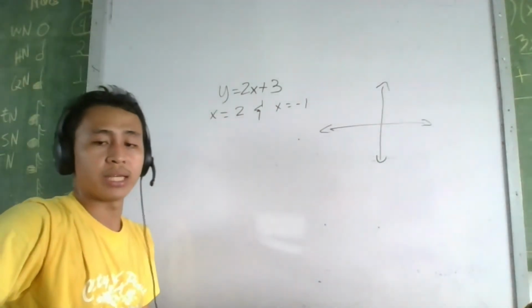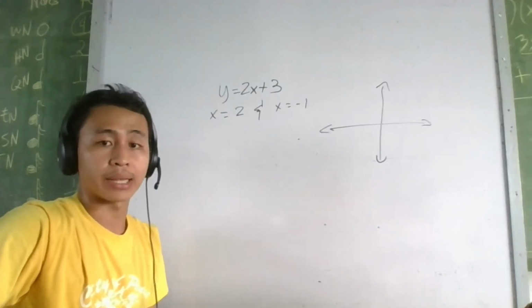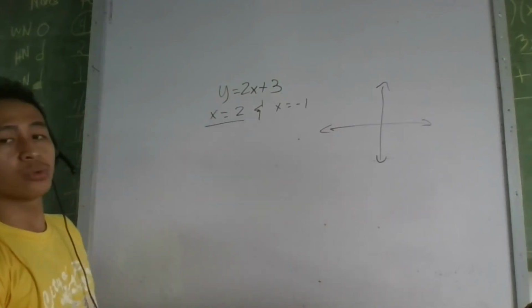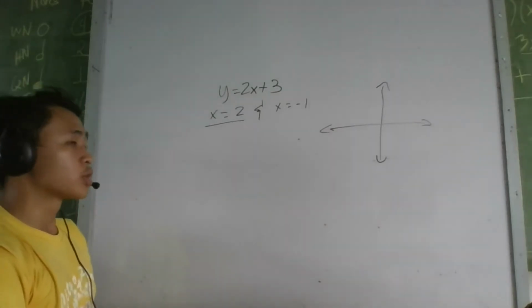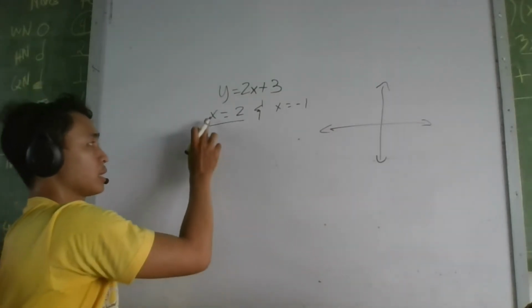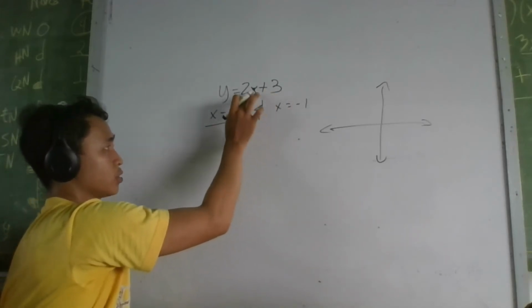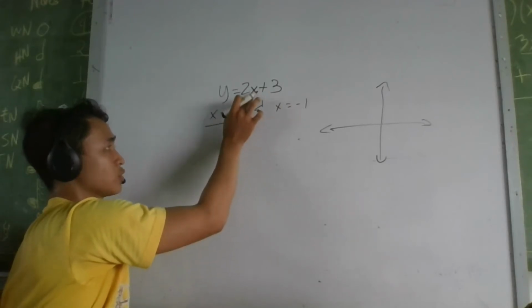First is we need to solve this in a separate way. Okay? First is let's focus on x equals 2. So what are we going to do? Substitute natin yung x natin dito sa equation. Since x equals 2, yung x na to is magiging 2.